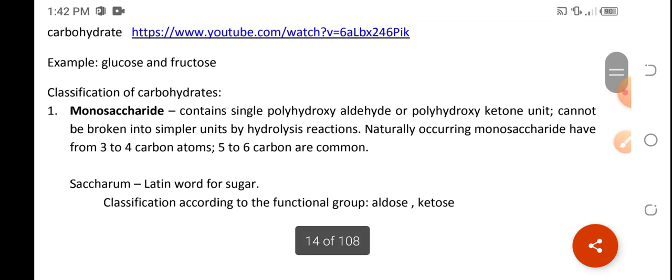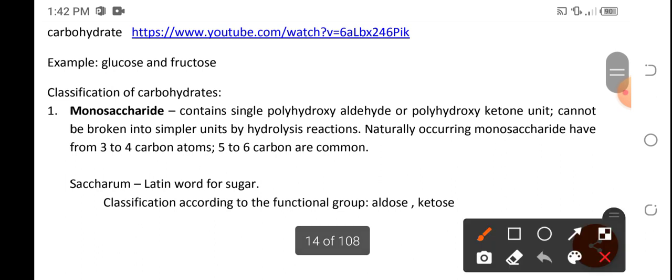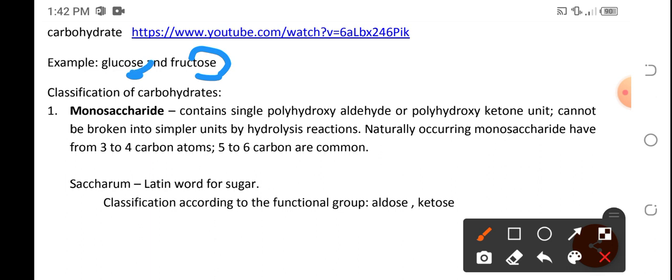So makikita natin sa pangalan nila, they end with OSE to denote that usually those carbohydrates end with OSE. So makikita natin kung anong group nila, and a suffix OSE indicates that they are under carbohydrates. Now we have several classifications of carbohydrates.